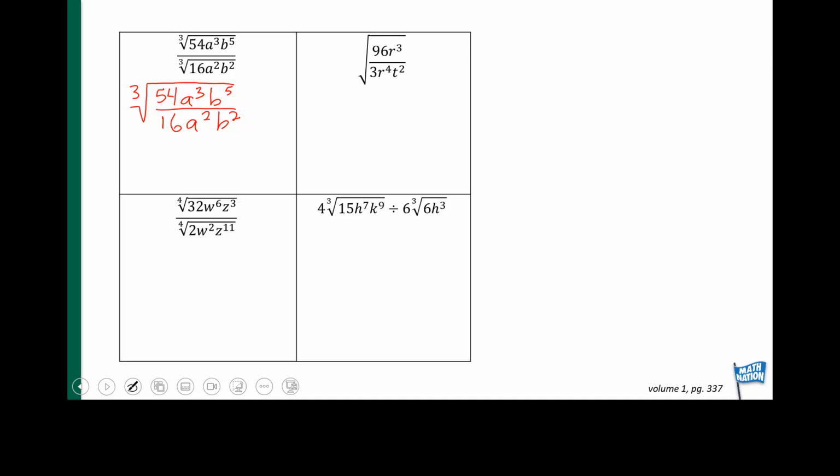So let's divide by 2 first. 54 divided by 2, we have 27, and 16 divided by 2 gives us 8.